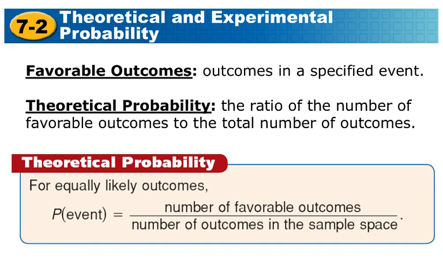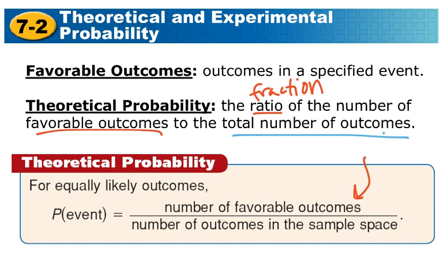Then we have theoretical probability, and that is the ratio of the number of favorable outcomes to the total number of outcomes. So again, ratio meaning fraction. On top we have the favorable outcomes, and then we have the total number of outcomes, and again that was from 7.1.